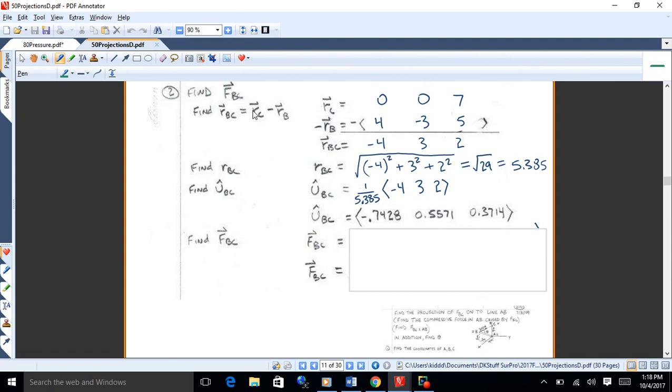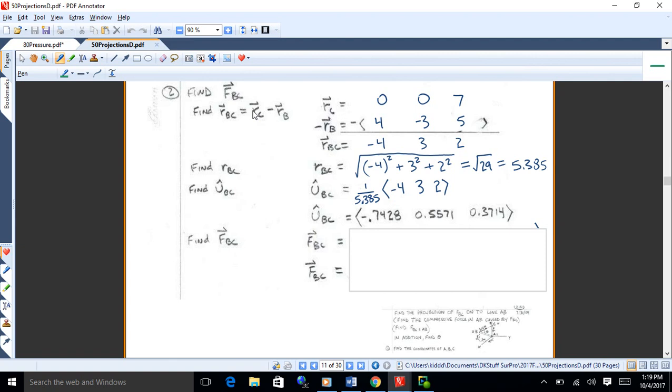So basically what you're doing there is you're finding that position vector, in this case from B to C, and you're taking the length of that vector out. And that's how you turn it into a unit vector. Use the theorem of Pythagoras to find the length of that line, and you divide through by that length, then you get a unit vector. And what you got there is a vector that has the right proportions.